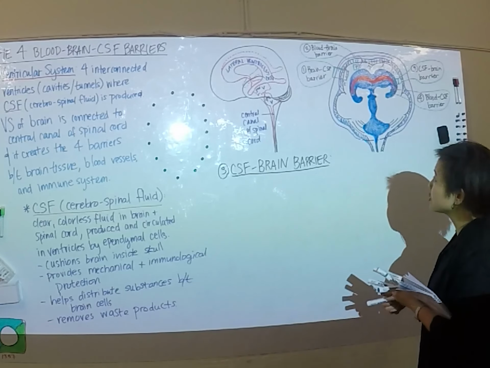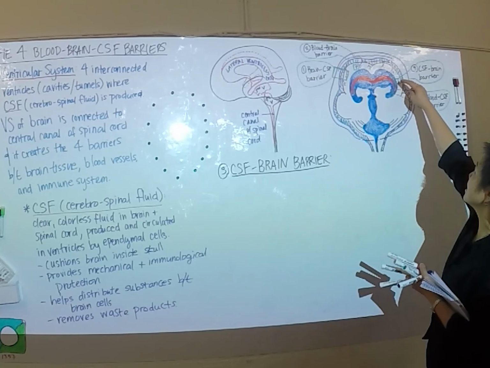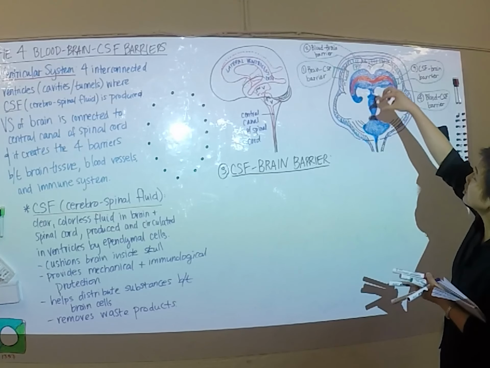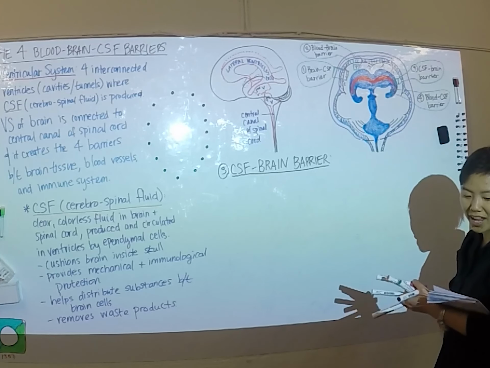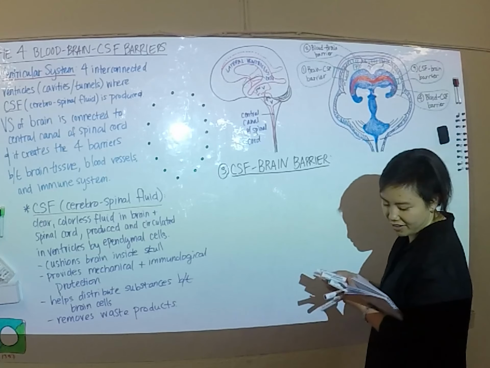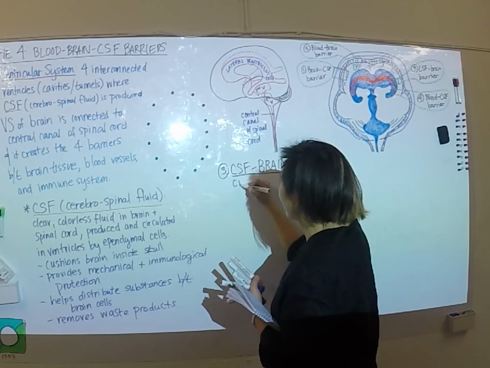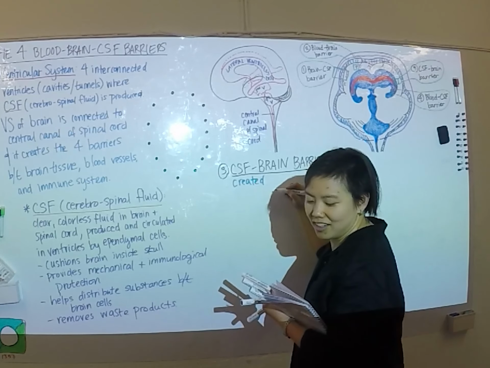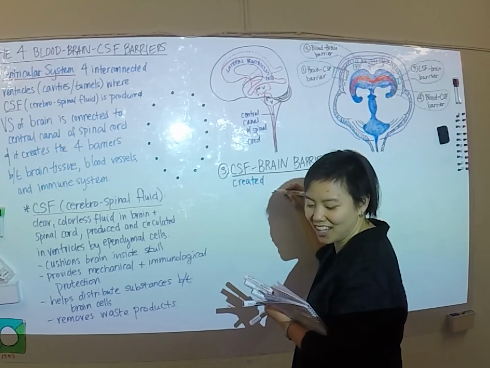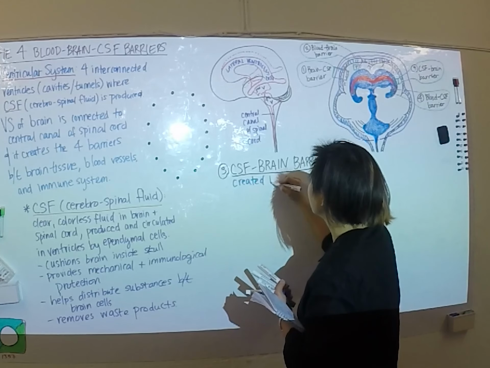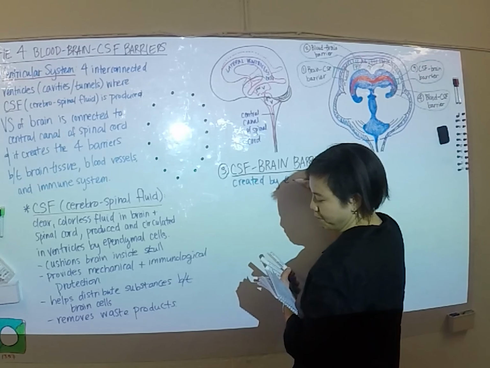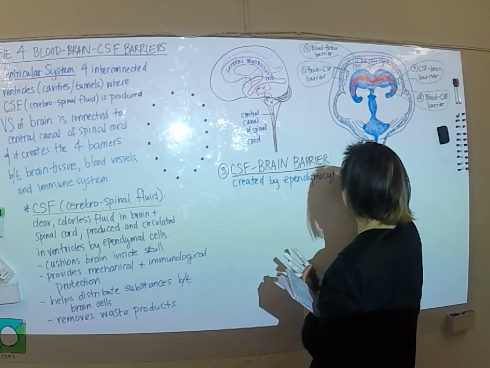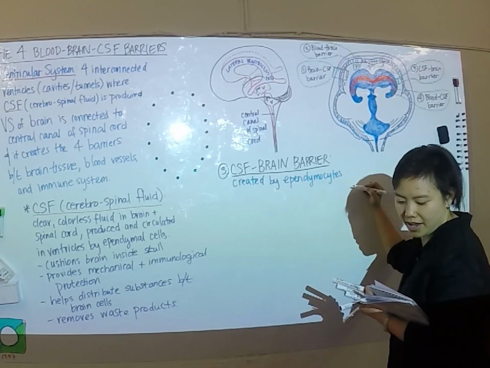Okay, so this is the barrier between the brain tissue and the vasculatory system that runs through the middle of the brain. So this barrier is created by a cell we are now very familiar with, the glial cell ependymocytes or ependymal cells, created by ependymocytes, okay?